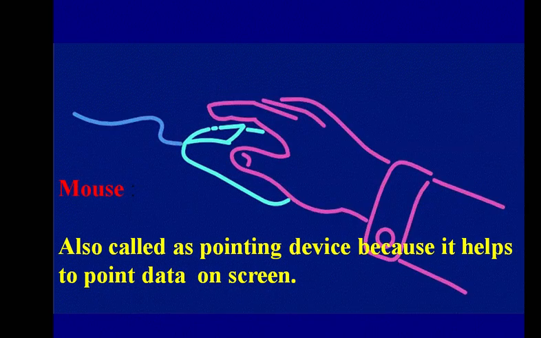It is also called a pointing device because it helps to point data on a screen. Here I am pointing this, so you can easily see this is the cursor, whatever movement is going on, it is called a pointer, so you can easily point data on a screen.